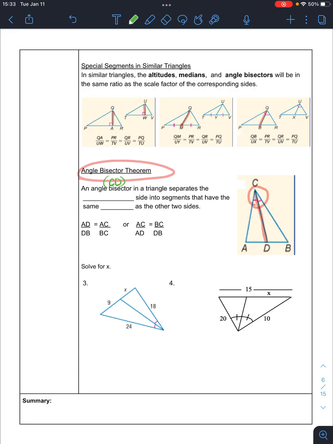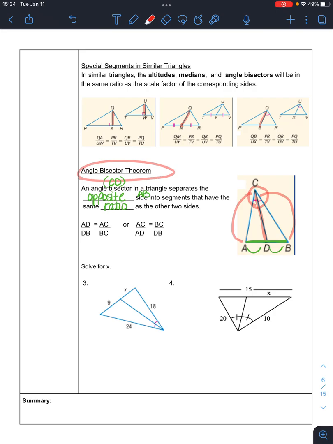It separates the opposite side, so in this case, the opposite side is AB, into segments that have the same ratio as the other 2 sides. What that means is that AD over DB is going to have the same ratio as AC over BC.